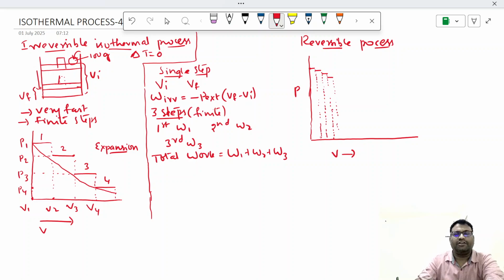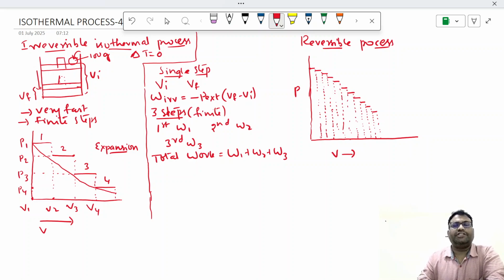It is happening in infinite steps, right? And every step is due to a very small infinite change in the pressure. Due to infinite change in the pressure, there will be infinite change in the volume.